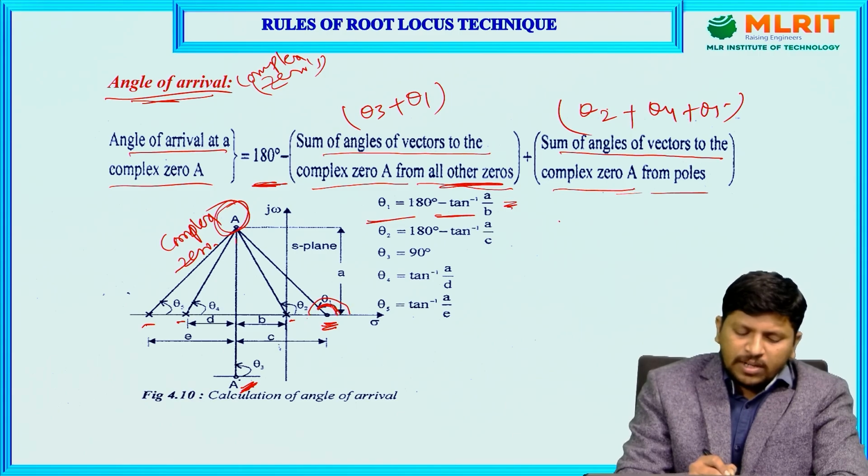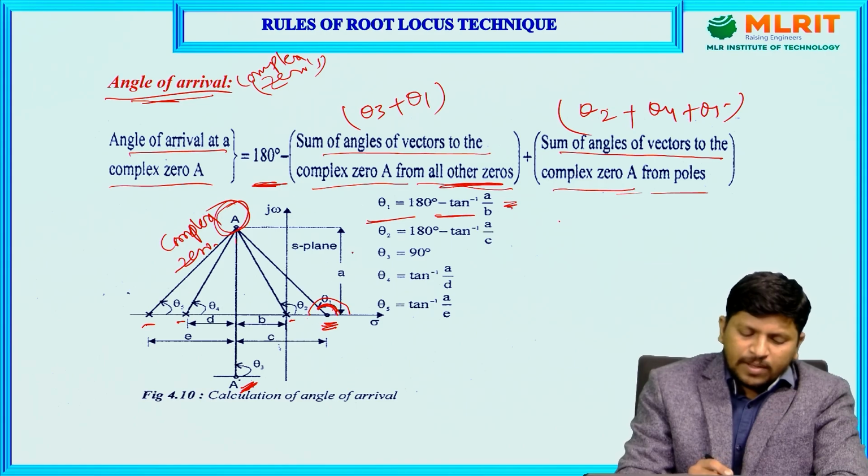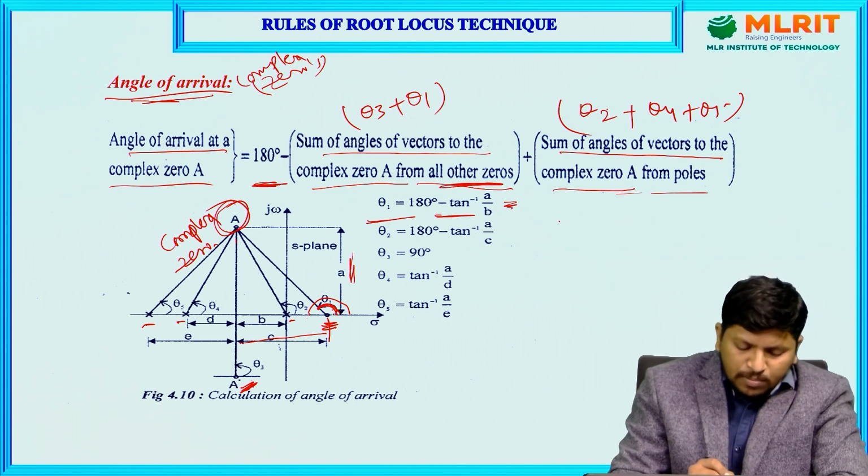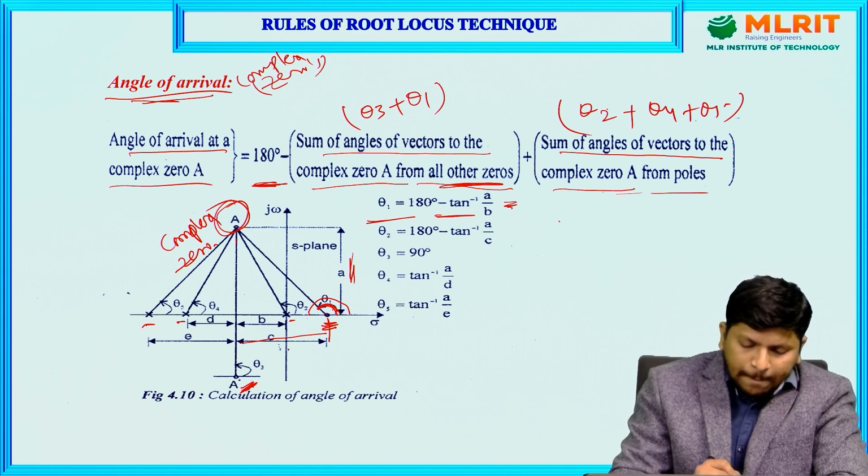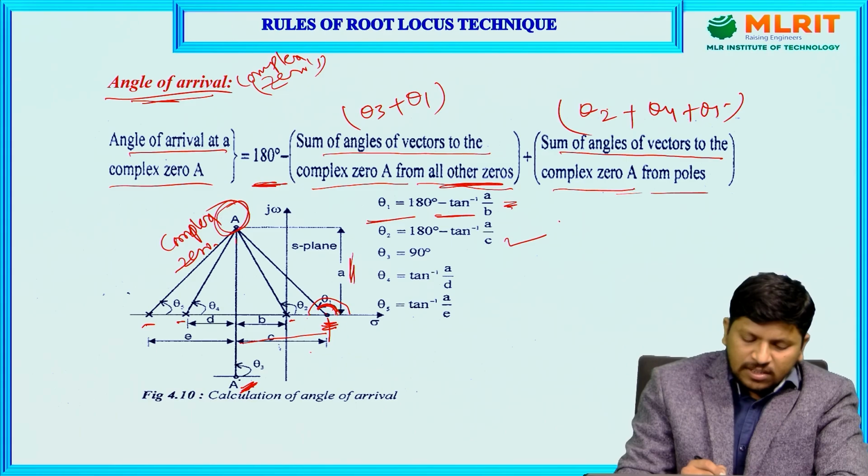So 180 minus tan inverse of imaginary part by real part. The imaginary value is A, and the real value up to here is C. This one is theta 2.